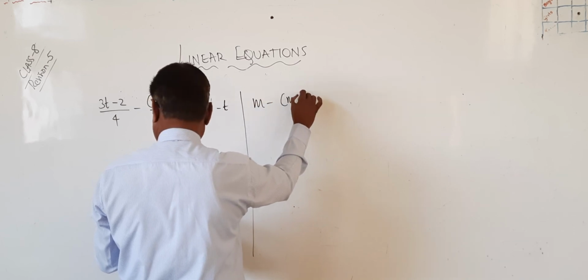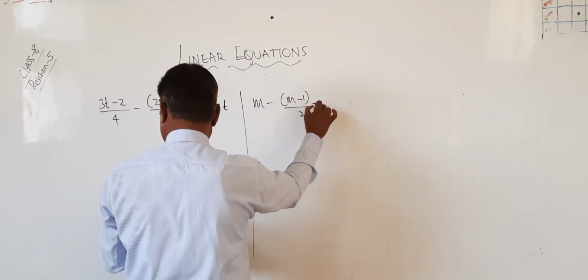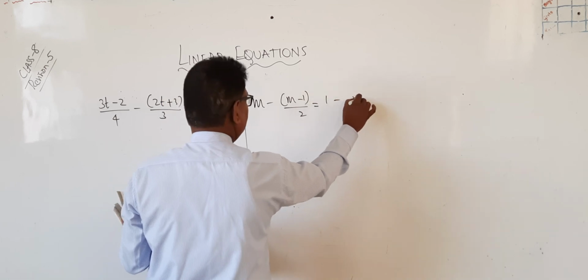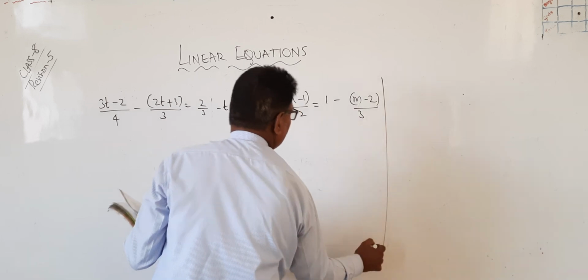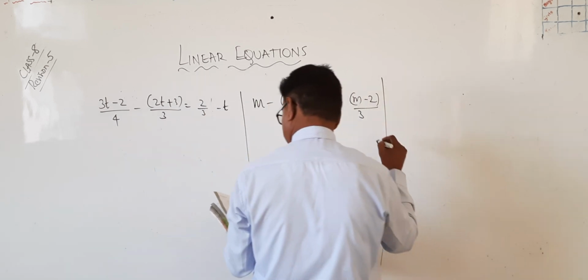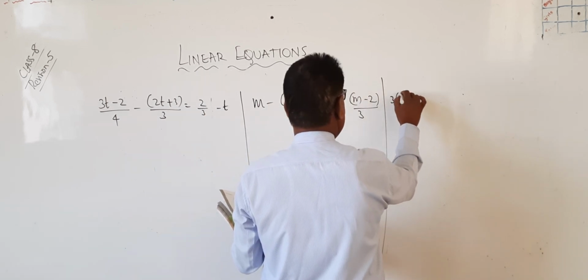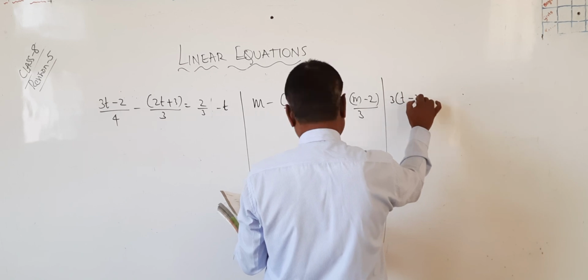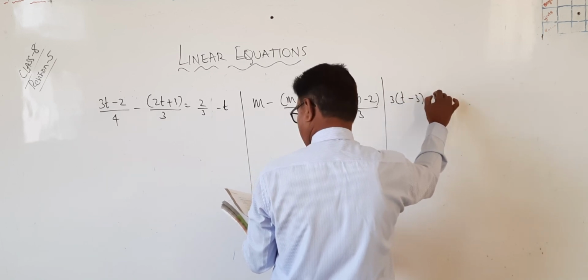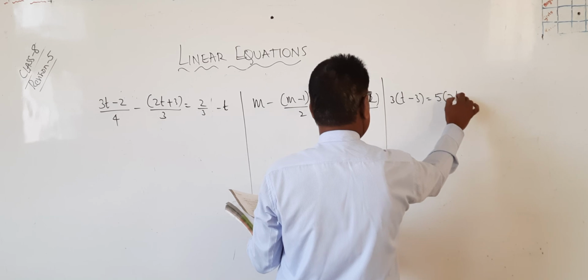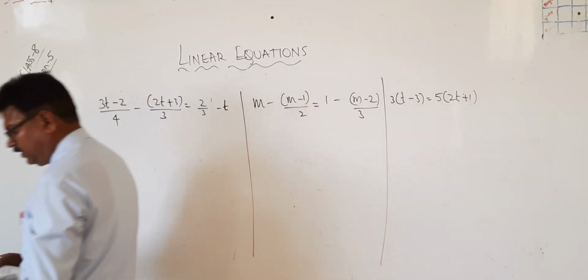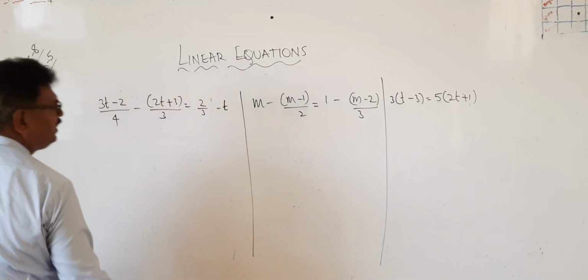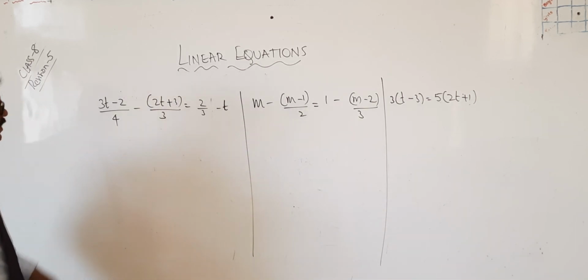Next, m minus 1 divided by 2 equal to 1 minus m minus 2 divided by 3. One more problem. 3 into t minus 3 is equal to 5 into 2t plus 1. Yes, very simple problem it is also. These three also, we'll see how to solve this.